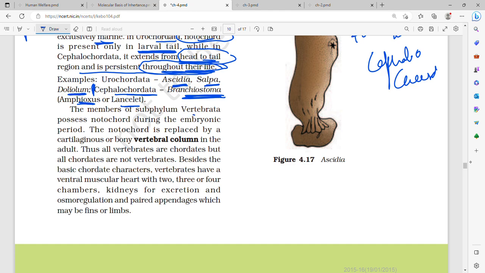The members of subphylum Vertebrata possess a notochord during the embryonic period. The notochord is replaced by a cartilaginous or bony vertebral column in the adult.